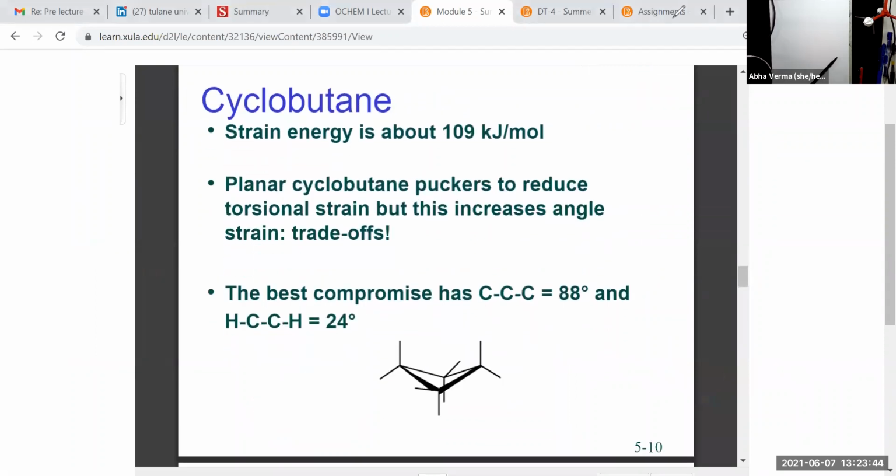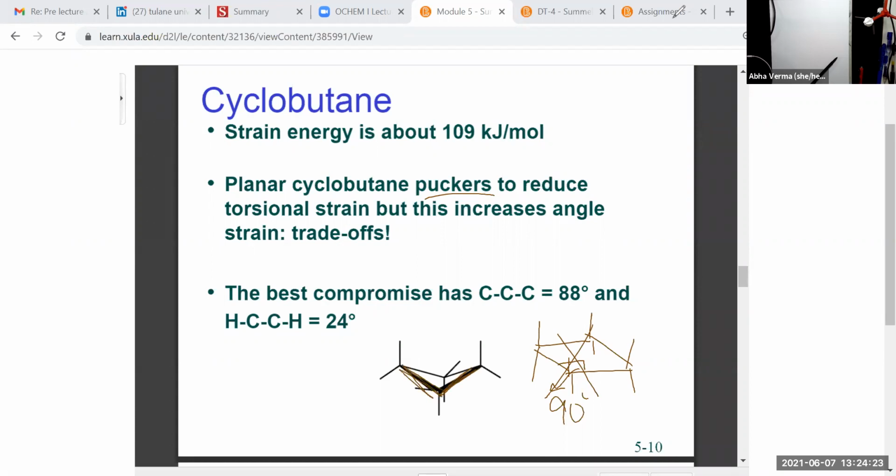Cyclobutane has a little less strain than cyclopropane because it puckers. Okay, why does this puckering occur? If our cyclobutane was a completely flat structure, what would be the bond angle here? 90 degrees. All of your hydrogens would still be eclipsing. However, in cyclobutane, this strain gets elevated because of this puckering.